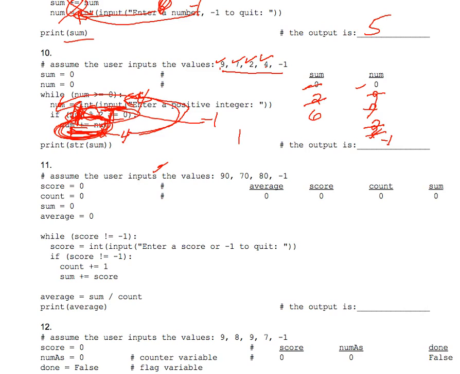Just trust me that this if statement is false, and therefore the computer loops back up to the top, and we ask for the while loop's control expression. Is -1 greater than or equal to 0? False. So we don't do the code inside, and we print.